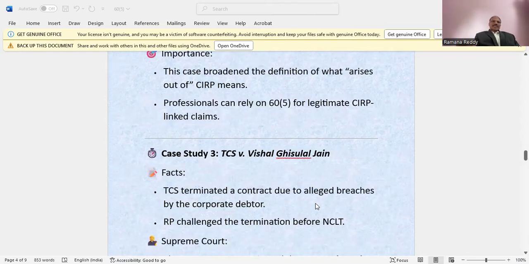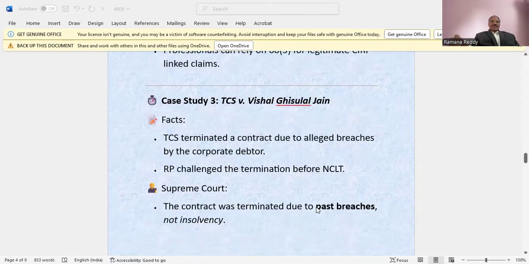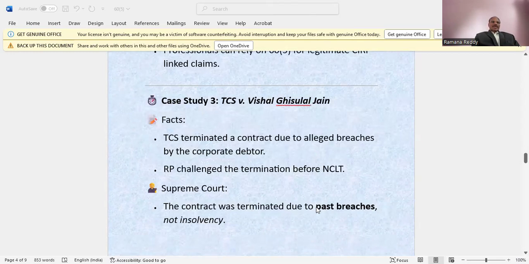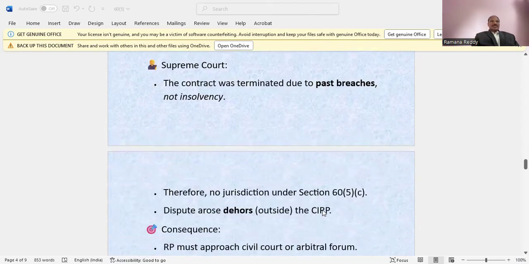We'll go to another case, TCS versus Vishal Jain. The facts: TCS terminated a contract due to alleged breaches by the corporate debtor. The RP challenged the termination before NCLT. Supreme Court held the contract was terminated due to past breaches, not insolvency.